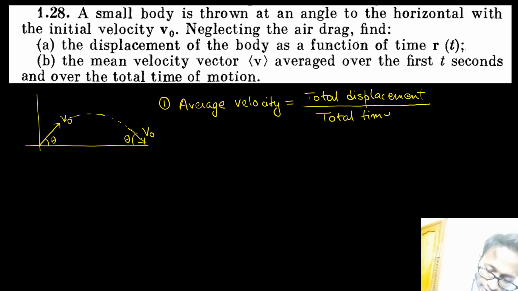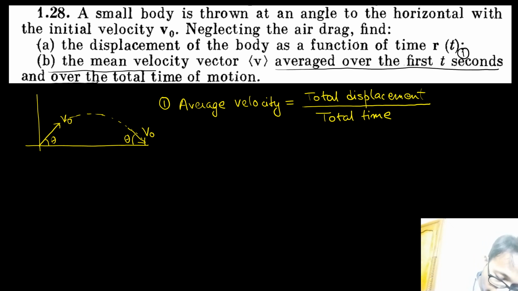In this question it is asking two things: averaged over the first t seconds, this is our question number 1, and averaged over the total time, this is our question number 2. So I'm solving for question number 1, the average velocity for the first t seconds.